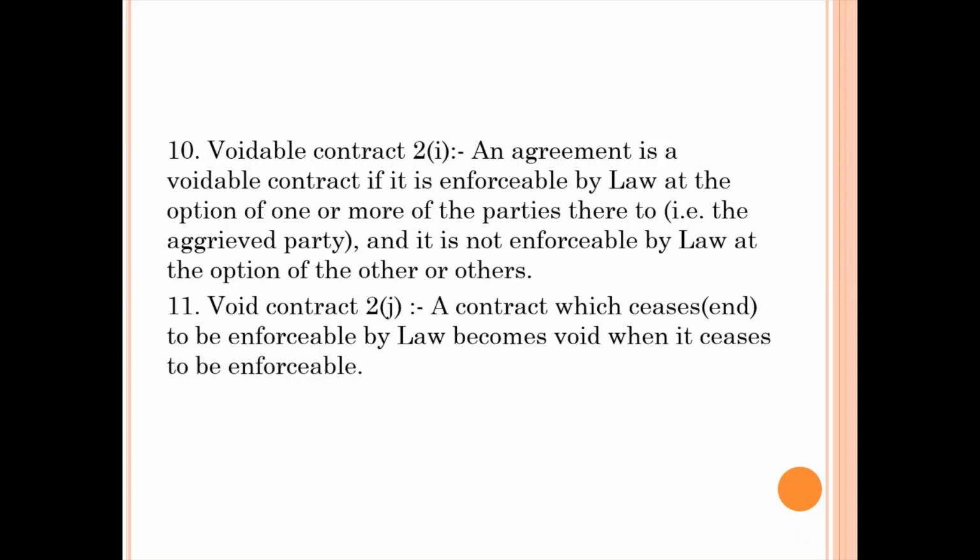It means for one party it is enforceable, and for the other parties it is not enforceable. This is called a voidable contract. The next term, void contract. A contract becomes void when it ceases to be enforceable by law.